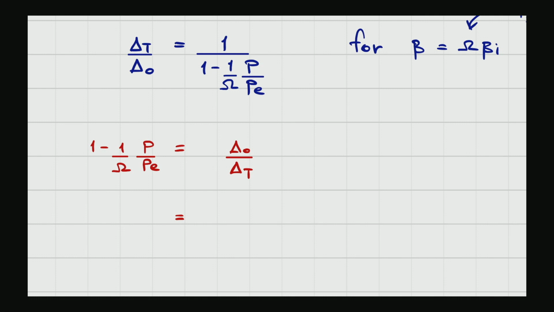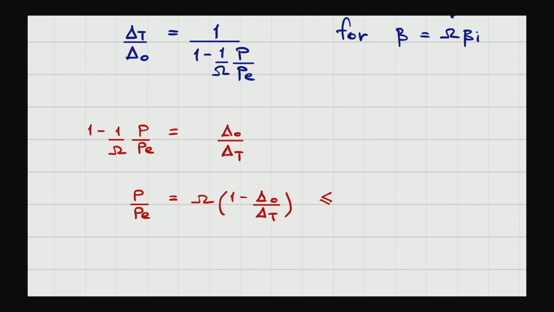So what would that be? P over PE is going to be 1 minus delta naught over delta t, and then scale by the omega. Right. So I take the P over PE to the other side, 1 minus delta naught over delta t, and then the omega goes up. This is the expression for P over PE, and this has to be less than 1.0. Just that.